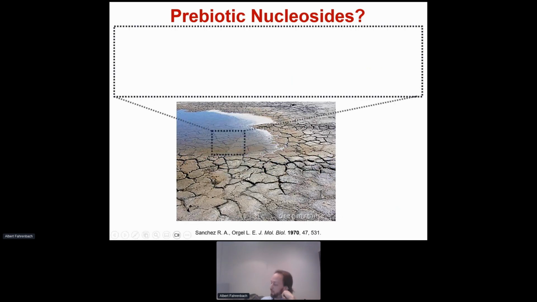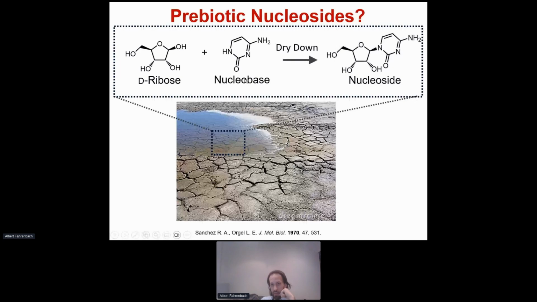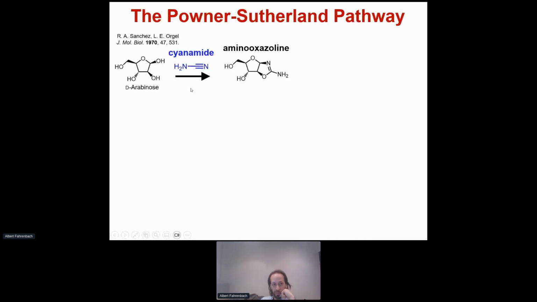So we needed to rely on some reported prebiotic syntheses. And of course, Orgel showed back in 1970, the simplest thing you could try is just take some D-ribose and try to condense it with pyrimidine, cytosine, to make a nucleoside, but this reaction doesn't work. So in response to that, Orgel and coworkers came up with this other pathway, where they take D-ribinose with cyanamide.